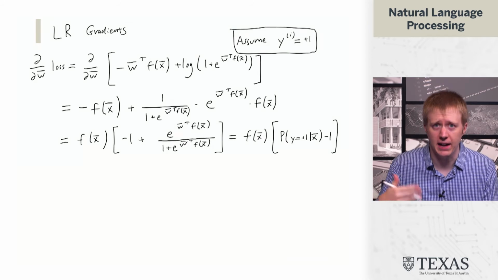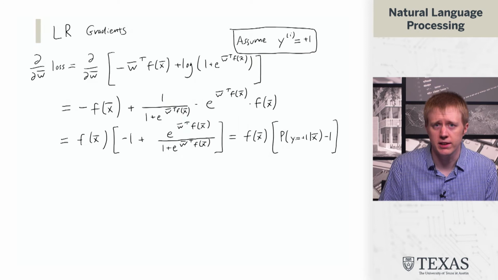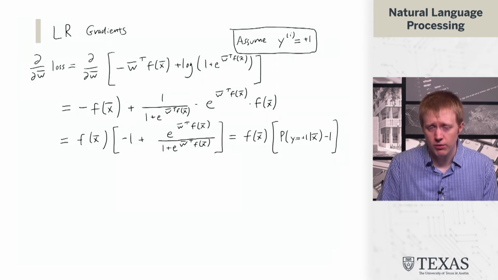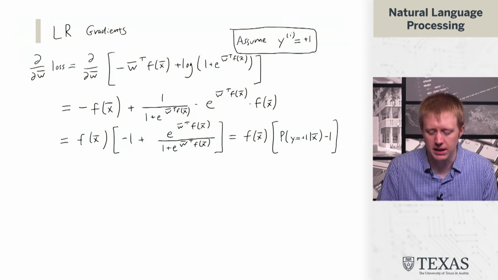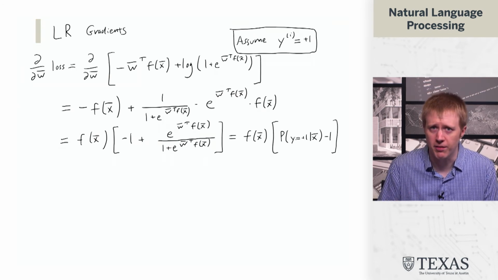It kind of comes back out from the process of differentiation. And now we can just replace that with the probability of y equals +1 given x under the model. So this is a quantity that we already have defined because this is the definition of our logistic regression model. And so we end up with something that we can simplify in this way.